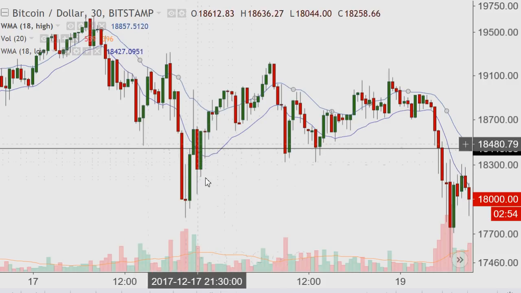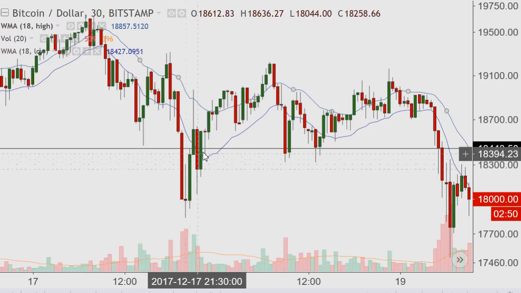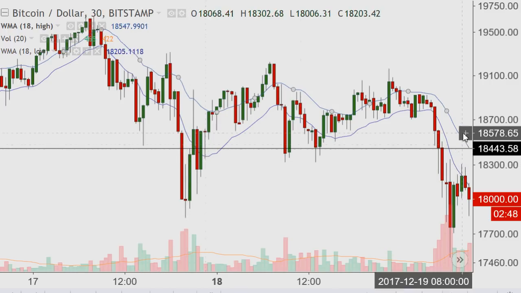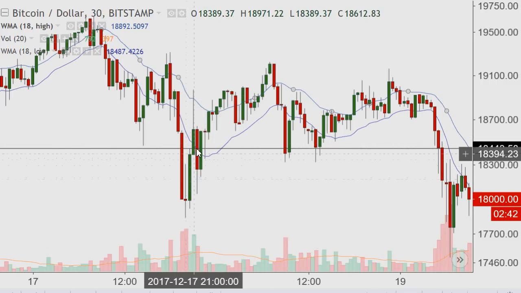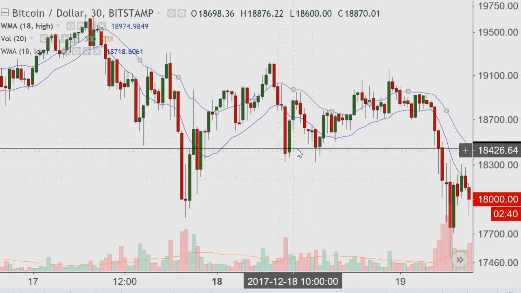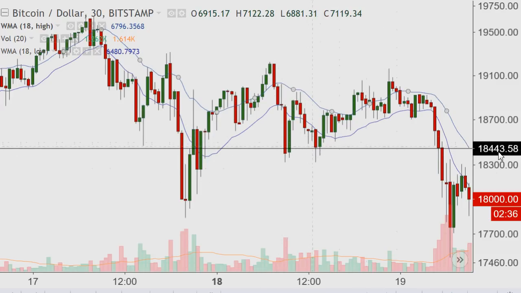See, it had a big move down here, but it stayed and held above this level at least until the end of it, because it managed to not stay below it and quickly recover and get above it. And then twice that level came in as a mark of support.